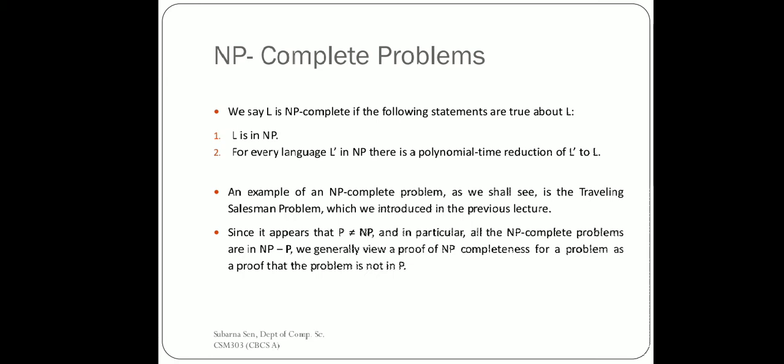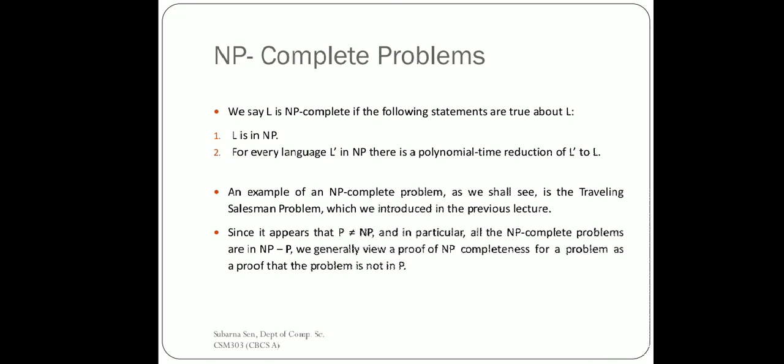Now, an example of an NP complete problem is the traveling salesman problem. If you remember, using a single-tape Turing machine we were able to implement this in order of n to the power 4, and using a multi-tape Turing machine it was order of n square.